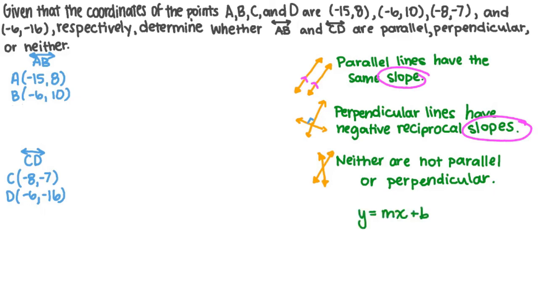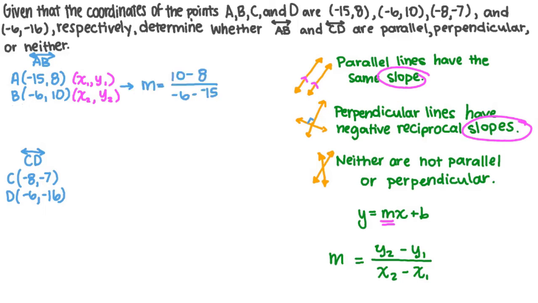In the general form, y equals mx plus b, the m represents the slope. And we can find the slope m if we have 2 points by saying m equals y2 minus y1 over x2 minus x1. In order to categorize these lines, we need to find the slopes of line AB and line CD. We can start with line AB, let point A be (x1, y1), and point B be (x2, y2).